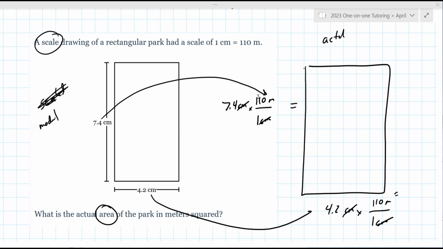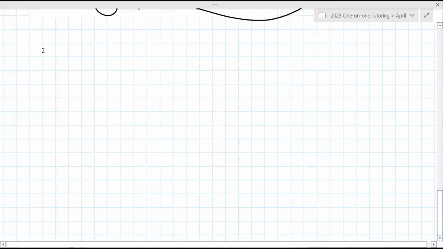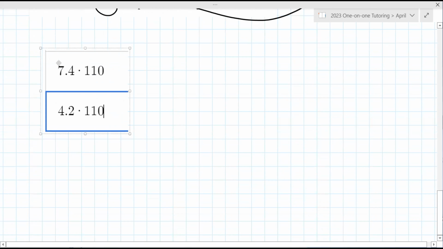Are you using that Desmos scientific? Okay, so like the first one here. I wanted you to see how the calculations are entered. In the box, you just type in 7.4 times 110, and 4.2 times 110.